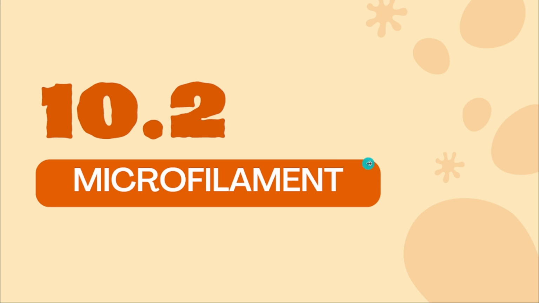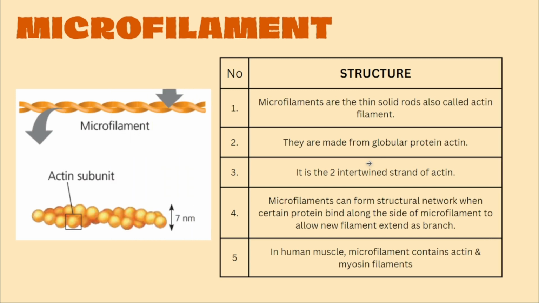Now we go to microfilament. Microfilament is another type of cytoskeleton which is thinner than microtubule, and it is not a major component forming the cytoskeleton. Only certain parts of the body contain microfilament, not all parts. One example is the actin filament.